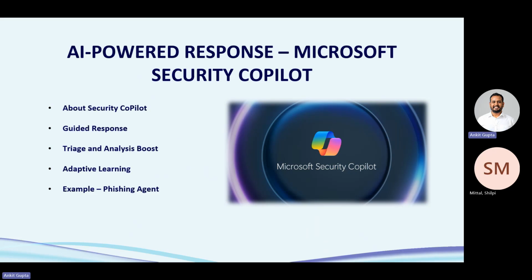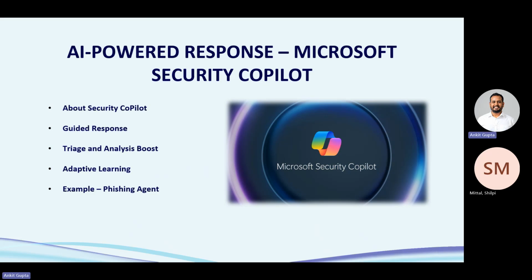It also continuously learns from analyst feedback and Microsoft's vast threat intelligence, so its recommendations evolve with the threat landscape. Analysts can also query it in natural language, such as asking if any device has communicated with a suspicious IP, and instantly get results across Defender and Sentinel, with the option to trigger containment actions.